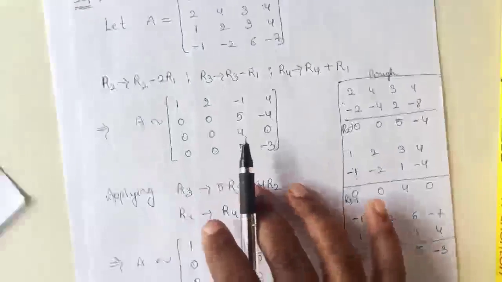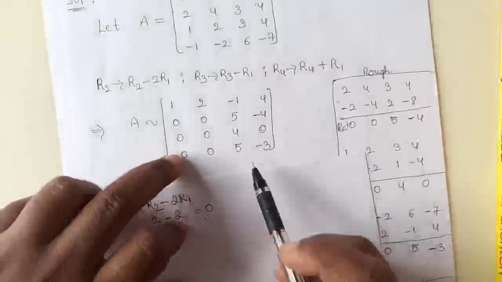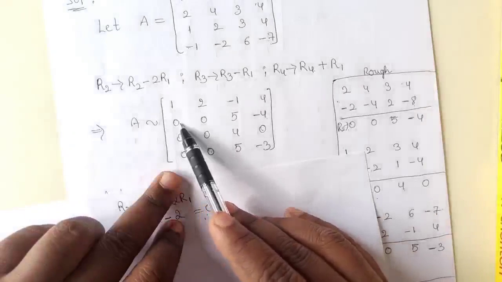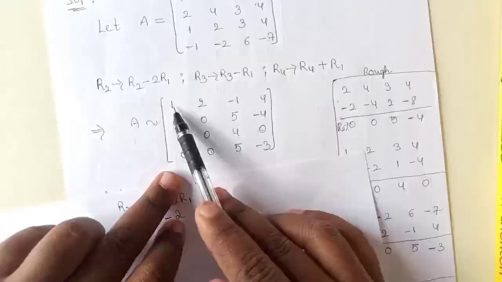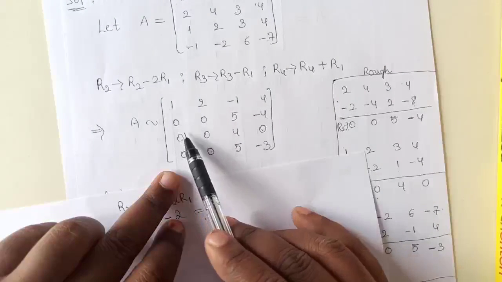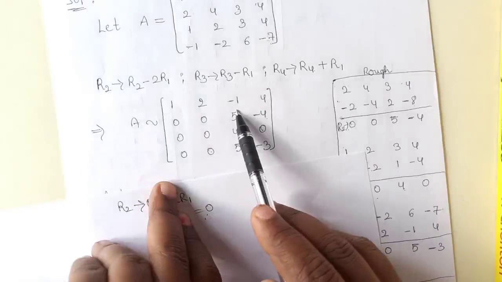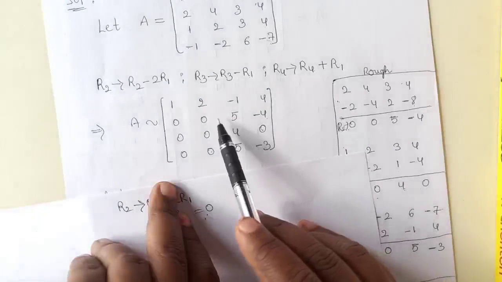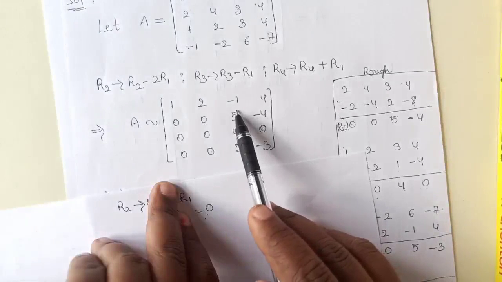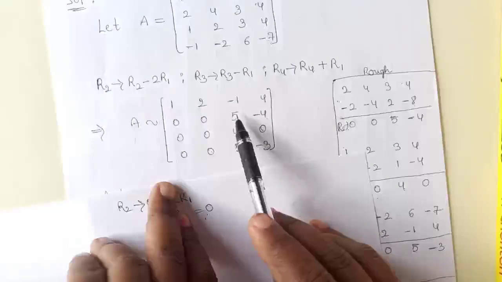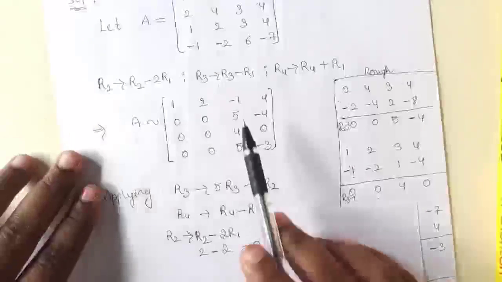Okay. Next, you can observe that below the leading entry we have made everything 0. Next we come to the second row. The first non-zero entry of the second row is 5, so we have to make this 1.